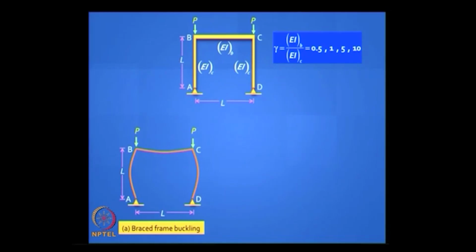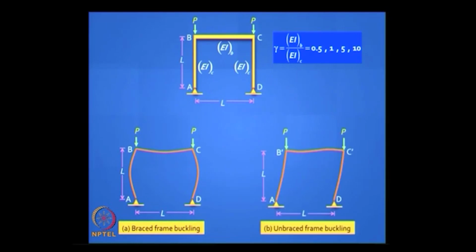Tell me what is P critical going to be bounded between, two extreme values of P critical. What is K effective? K effective is 1, that is one limit, the other limit 0.7. Good.